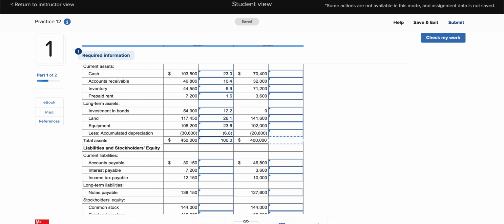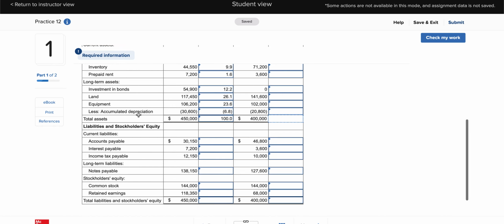So you may ask the question, why would we divide all of these liabilities and stockholders' equity by total assets? Well, we could also say total liabilities plus stockholders' equity, because remember, those two have to be the same number. But it's just easier to say for the balance sheet vertical analysis, divide everything by total assets.